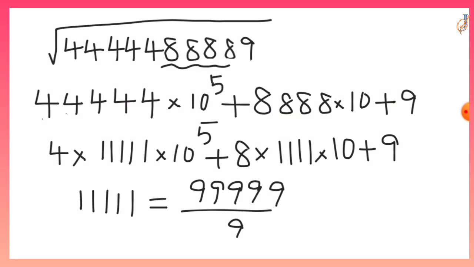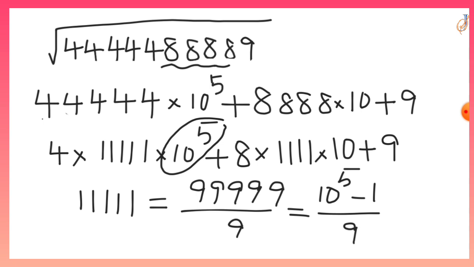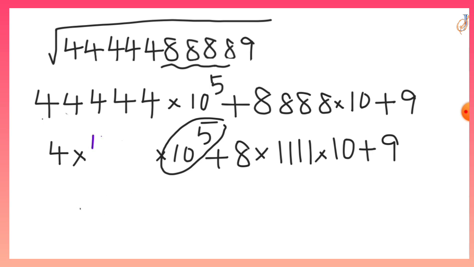Now these 5 nines we can write as, here we have 10 power 5, so I am converting into the same term, 10 power 5 minus 1, which gives 5 nines, isn't it? So instead of 5 ones I am going to write 10 power 5 minus 1 divided by 9. Similarly 4 ones we can write as 10 power 4 minus 1 divided by 9, isn't it?